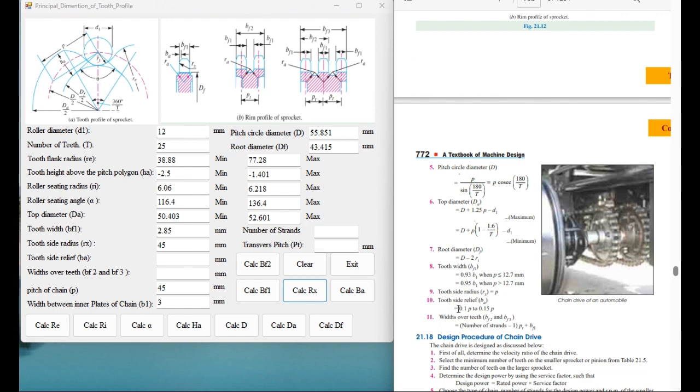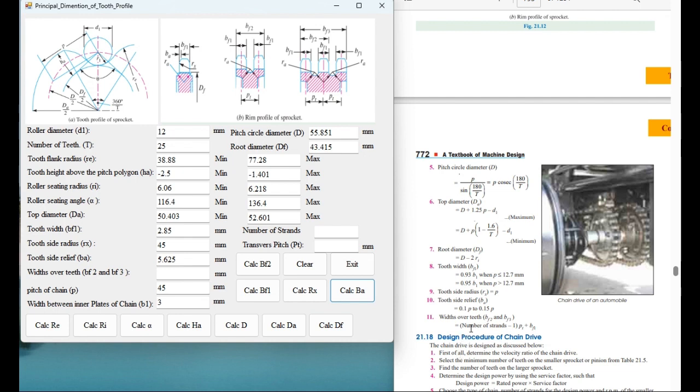The other is the two-side relief BA, which is 0.1 P to 0.15 P. In this case, I have used the average value of 0.1 and 0.15, around 0.125, times P here. Calculate BA: 5.65, which is 0.125 times P.